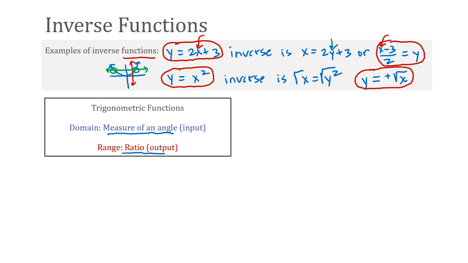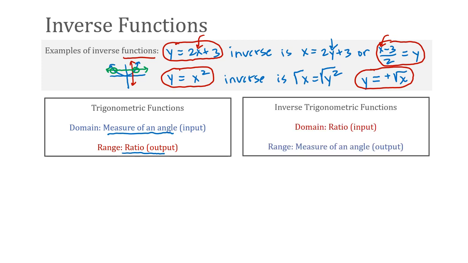We know at 30 degrees that our sine is going to be 1/2. So the 1/2 is the output. For the inverse, it just swaps, right? So now the domain is that ratio that was the output, and the range for the inverse is the angle, which was an input. All right.